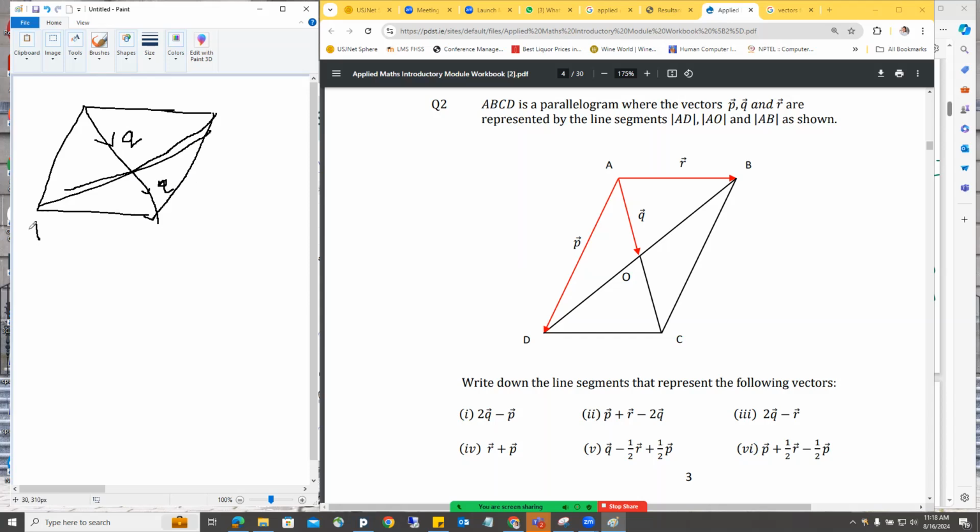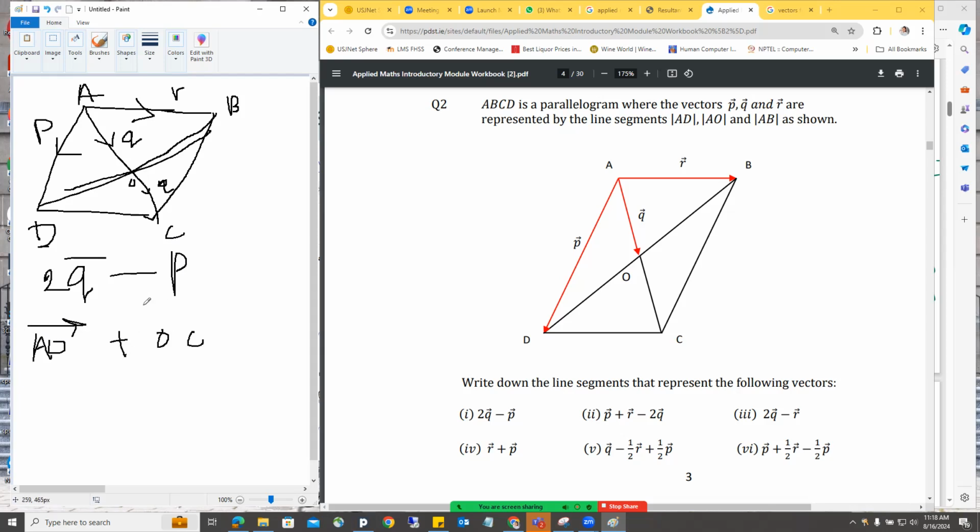And this one we have DO. Then this one we have B, A. For this side we have R. For this side we have P. Then 2Q minus P. 2Q means AO plus OC, I'm starting with A. And then minus P. Minus P we can rewrite as CB.